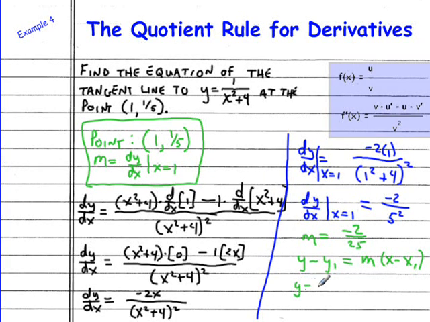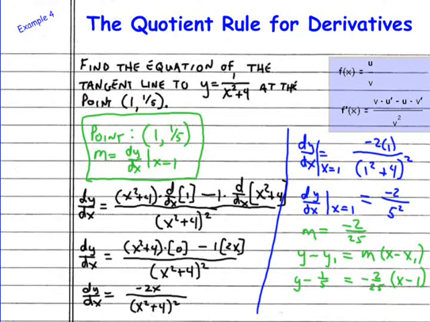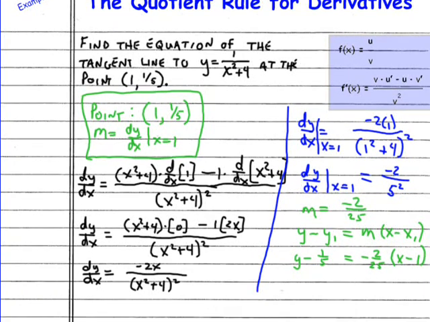values: y minus our y value, which is 1/5, is equal to our slope number, which is negative 2 over 25, times x minus our x value of the point of 1. So we need a little bit more room here.